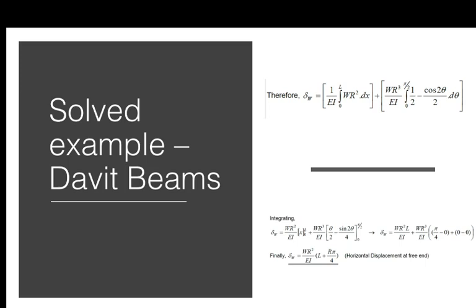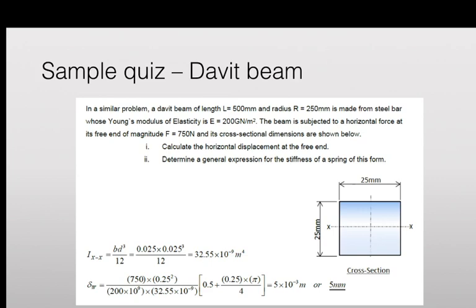After solving these two terms, you will get delta W equal to WR squared divided by EI, L plus R pi divided by 4. So you can try out this sample David beam.